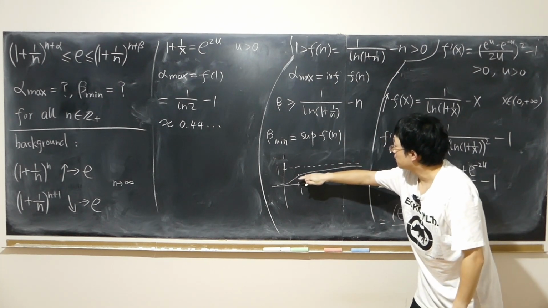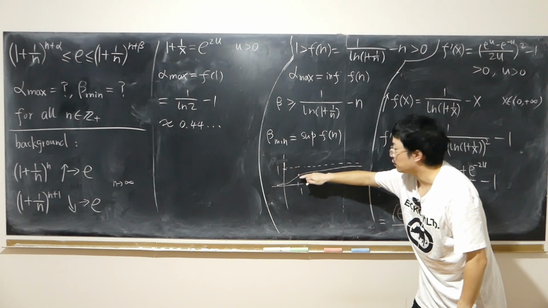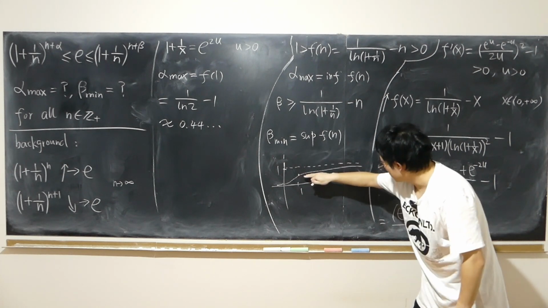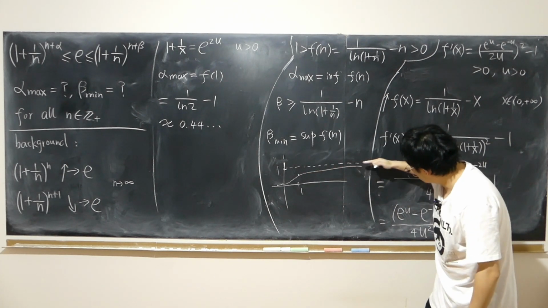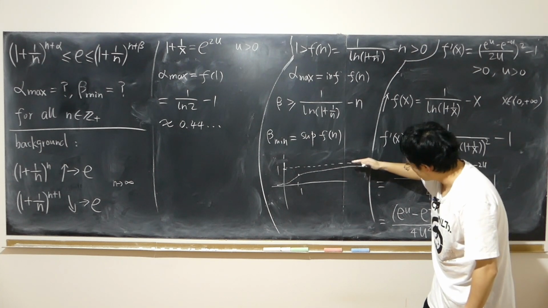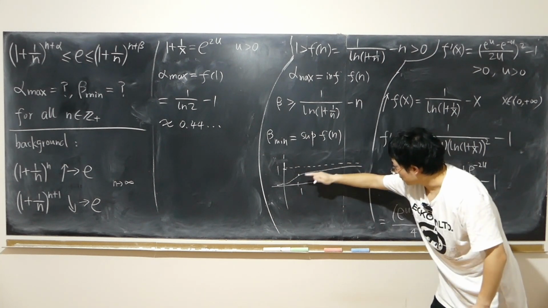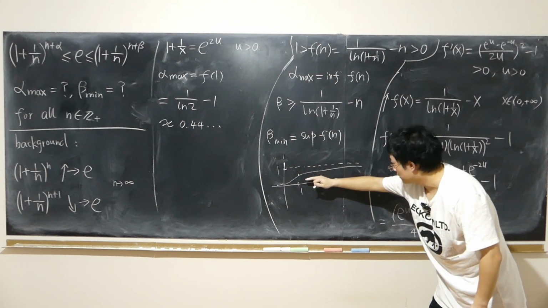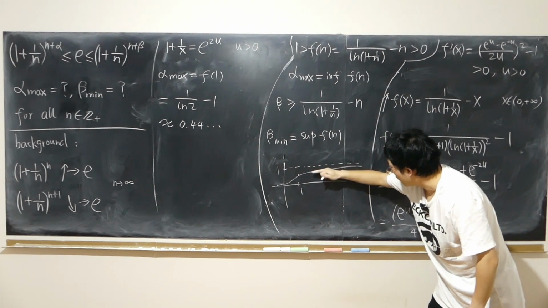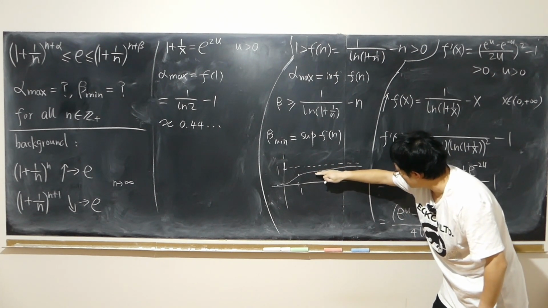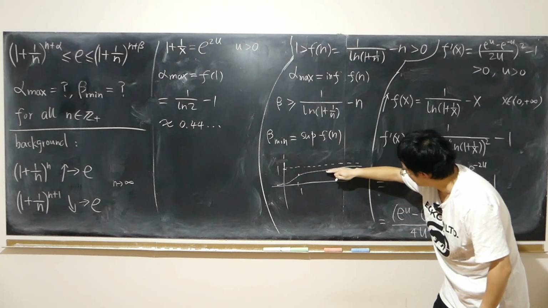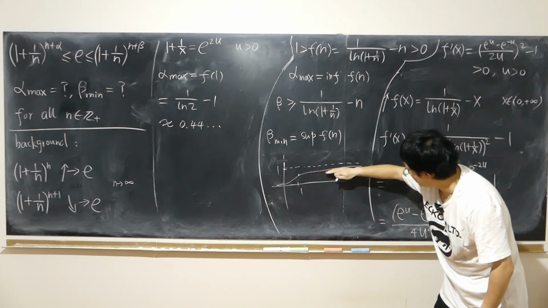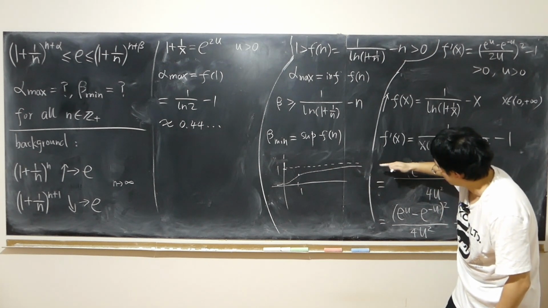Obviously, the supremum of all the values f of n is not necessarily 1. 1 is an upper bound. The least upper bound may not be 1. The least upper bound is the limit as x approaches positive infinity, right?